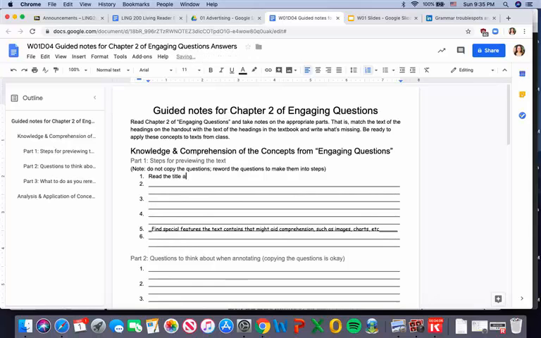Read the title and try to figure out the topic and the author's, not the reader's, but the author's opinion.